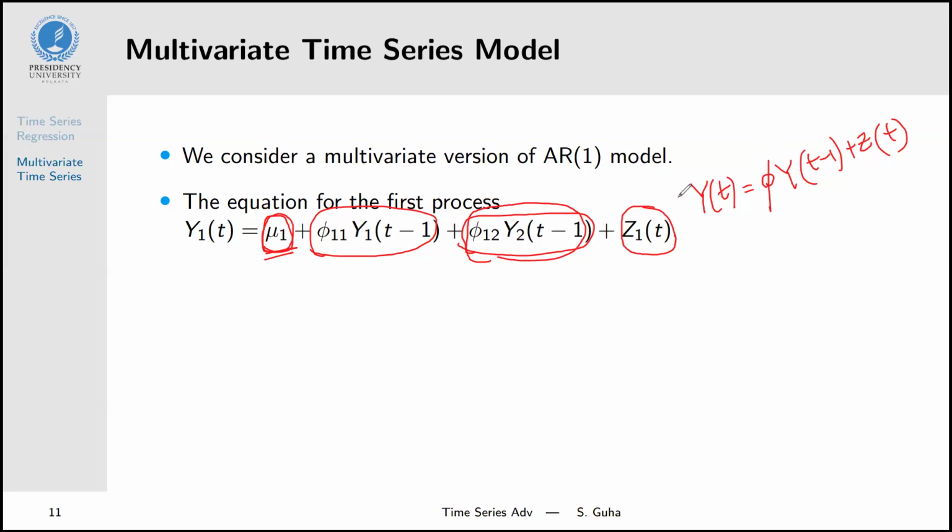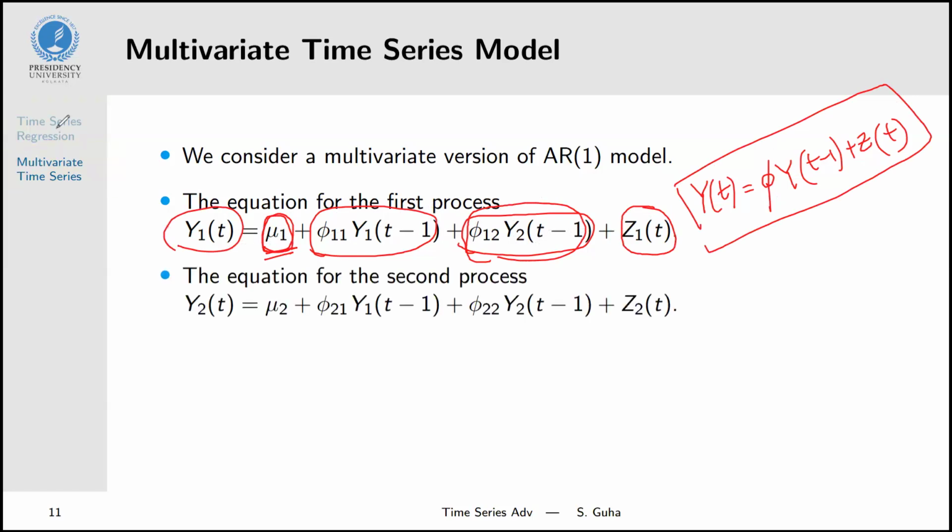This is the convention to propose such an equation. Now this equation looks very much like the AR1 equation, right? But this gives you the equation for the first process. So definitely we have to form such an equation for the second process also. So what is mu1? Mu1 is like a mean level. In the usual AR model, we don't have a mean level, but here we have included a mean level.